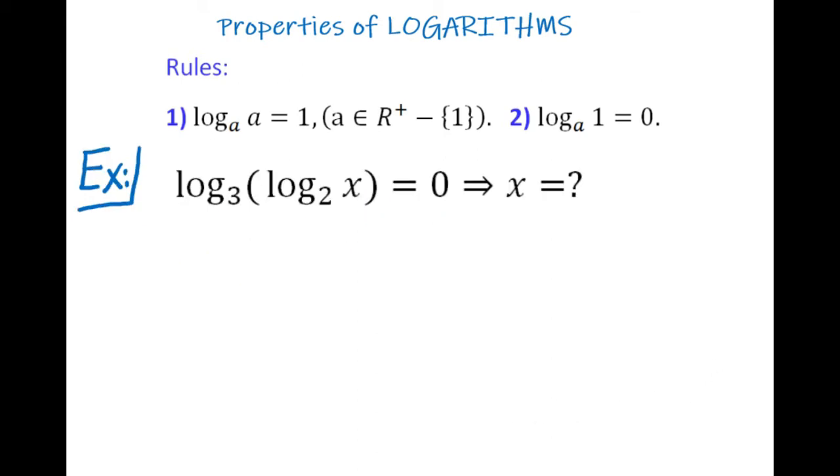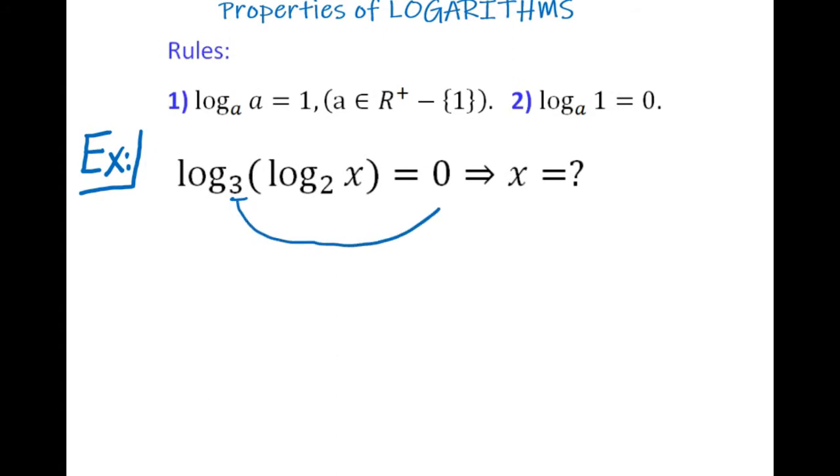Okay, let's take a look at this example. Log of x in base 2, and the outer base 3, is equal to 0. What is the value of x? We need to consider the outer logarithm first. So just send this 3 to the right side as we did in our previous video. The 3 comes here, and that 0 comes as a power to that 3, if you remember.